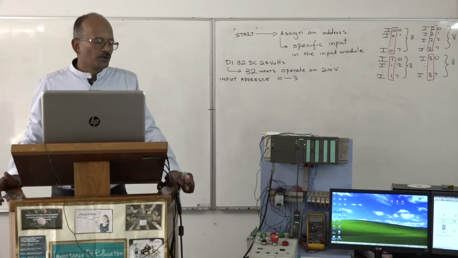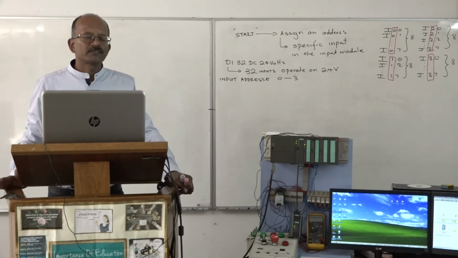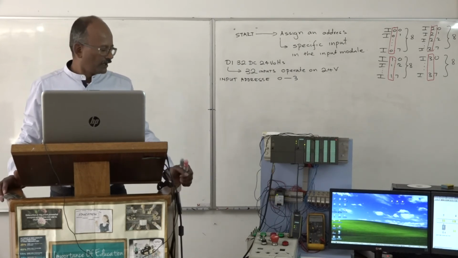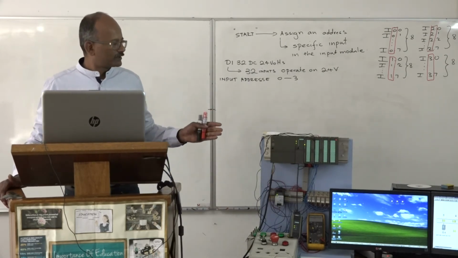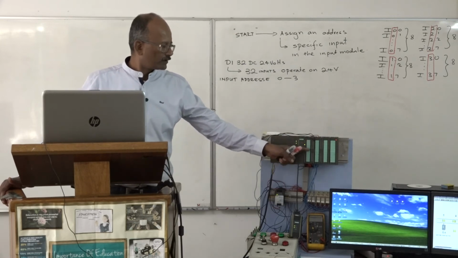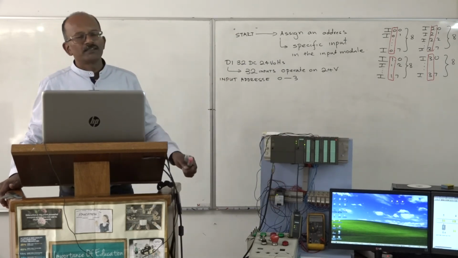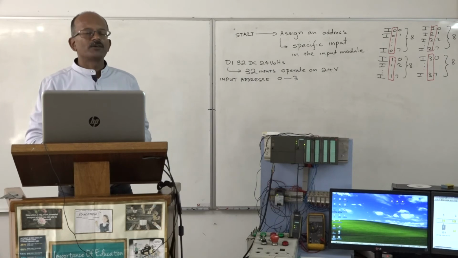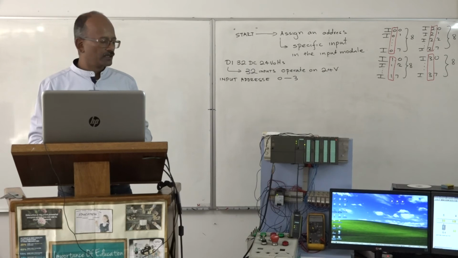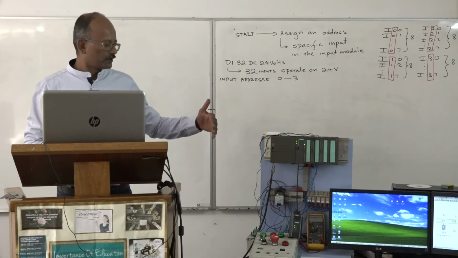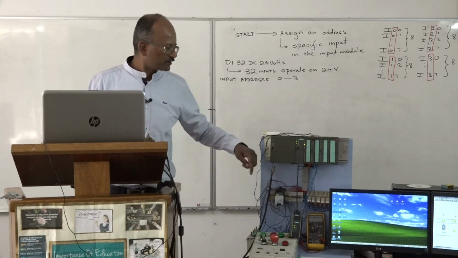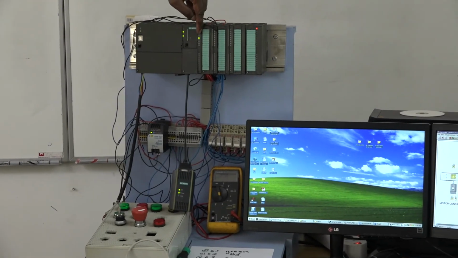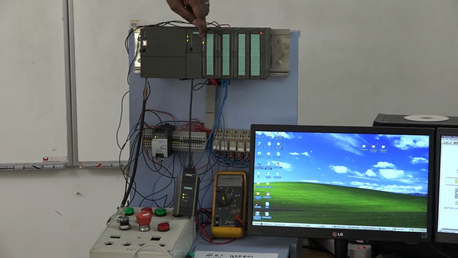The other thing you have to know is that no two input devices will have the same address. Every single switch, every single sensor will be connected to a different input, and it would have a different address. And that is how your PLC is actually able to differentiate between your start button and your stop button. Remember, it doesn't know that you've pressed the green button. It will just know there's 24 volts at input 0.3.